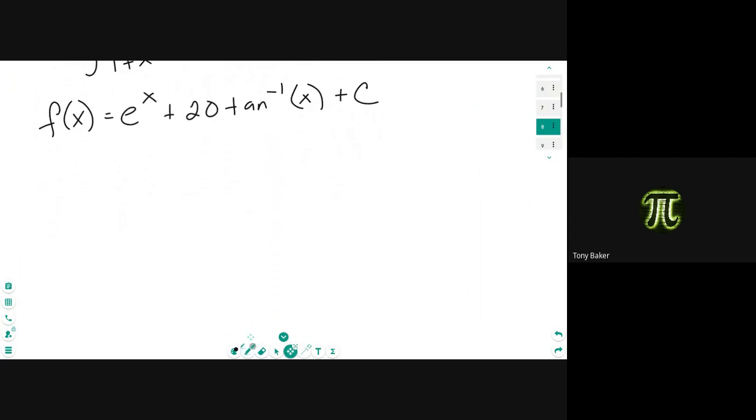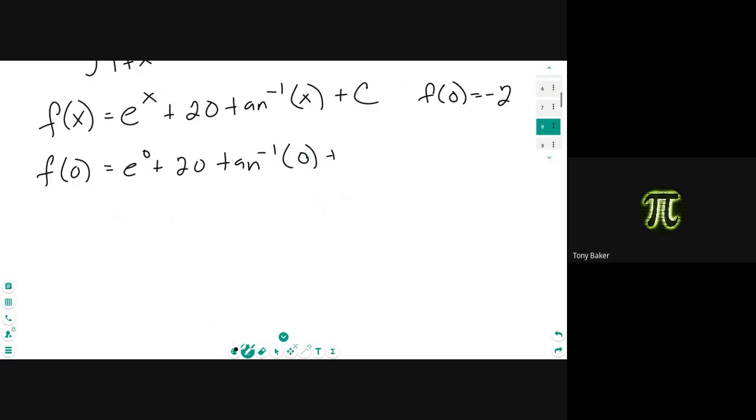So I've got this, and f of 0 equals -2. So f of 0, I have e to the 0 plus 20 arctangent of 0 plus c equals -2.